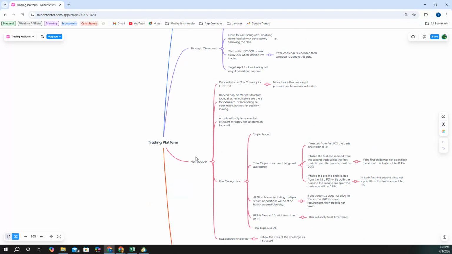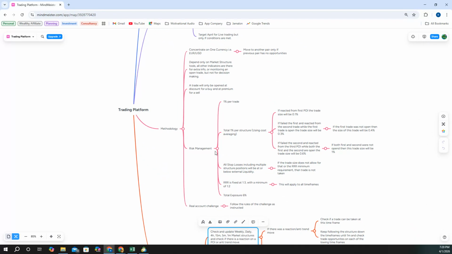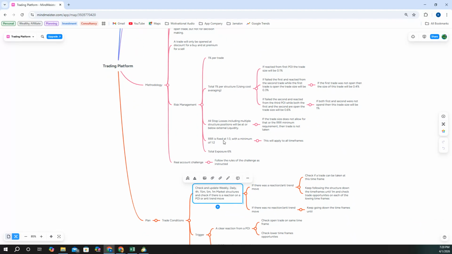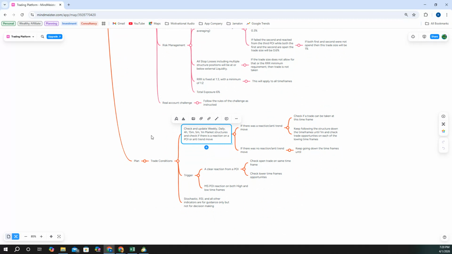And this methodology, or this strategy, will include the risk management rules that I will follow. Next is the plan, where we put the details of how and why and when we take a buying order, and at the same time why, how, and when we take a selling order. This is what it should include.